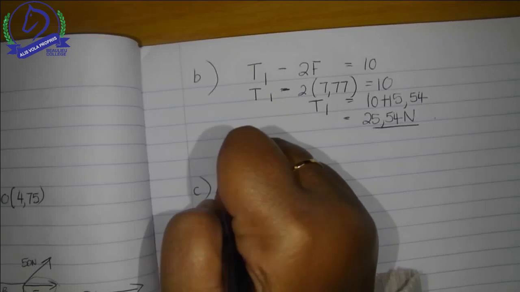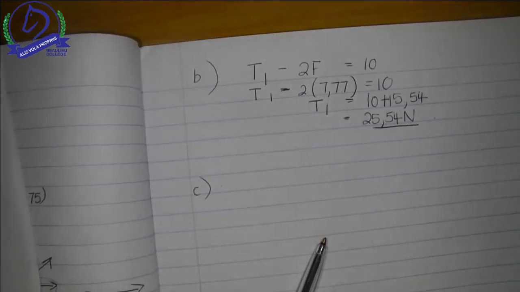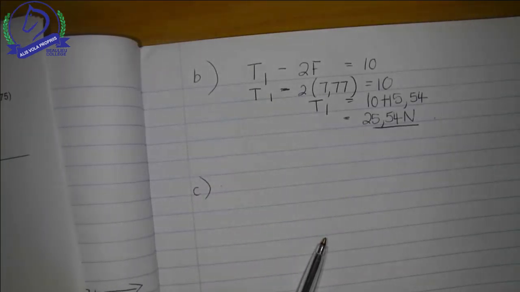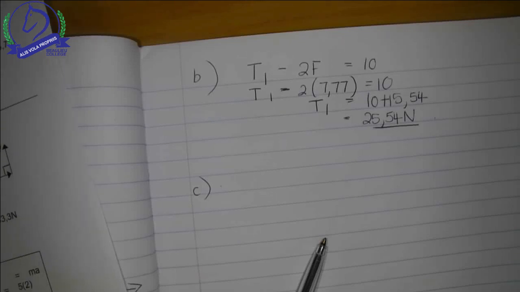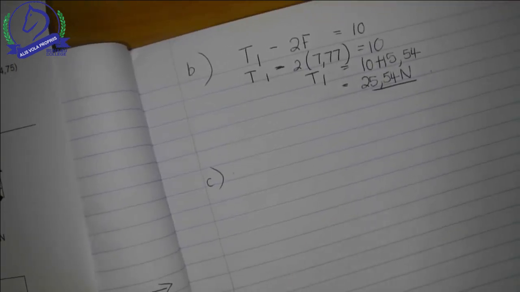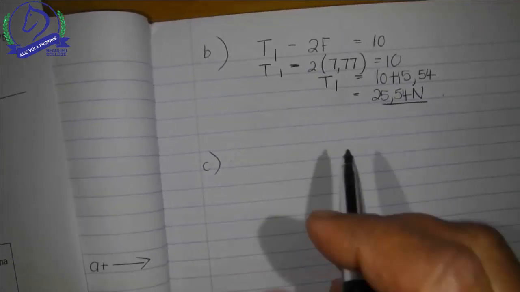Okay, and the last question there is C: explain why the friction acting on block B is less than the friction acting on block A. It's because of the vertical component.